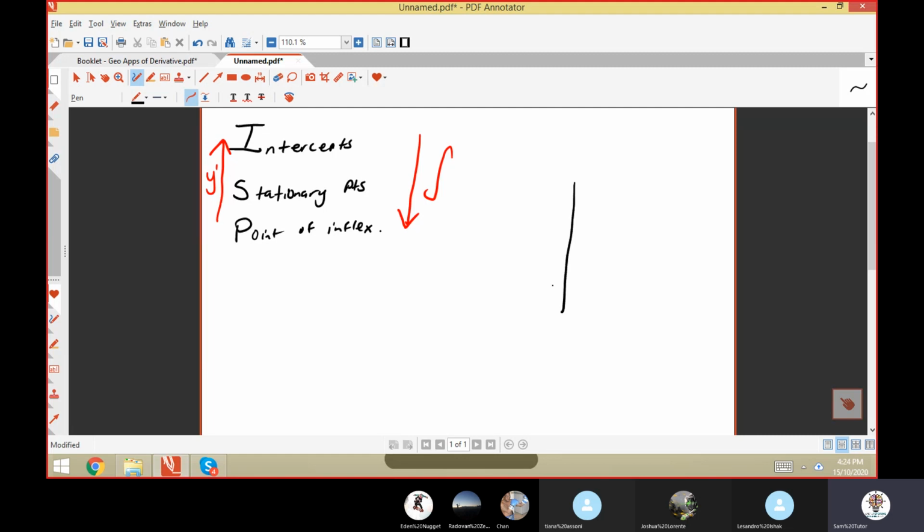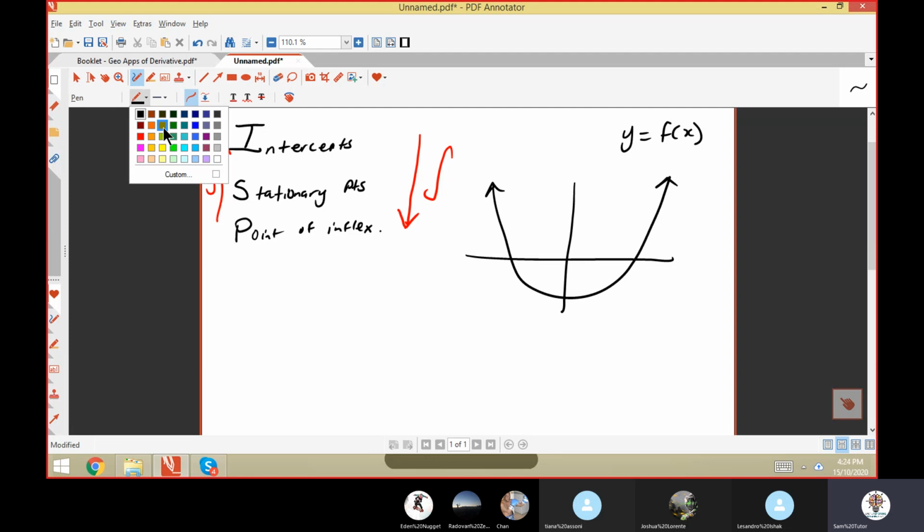So let's just say I've got this graph, which we are going to call y equals f of x. Obviously, what graph is this? Parabola. What happens when you differentiate a parabola? What do you end up getting? A straight line.